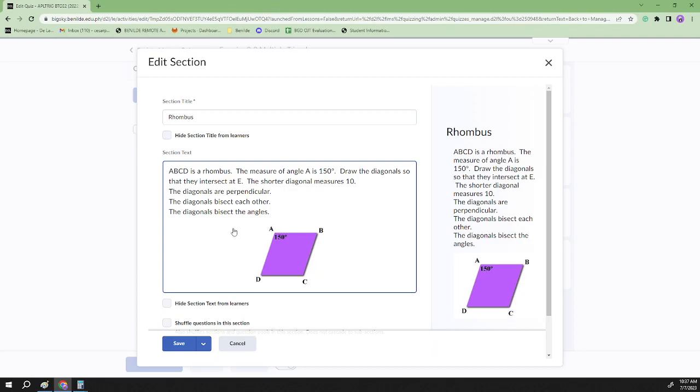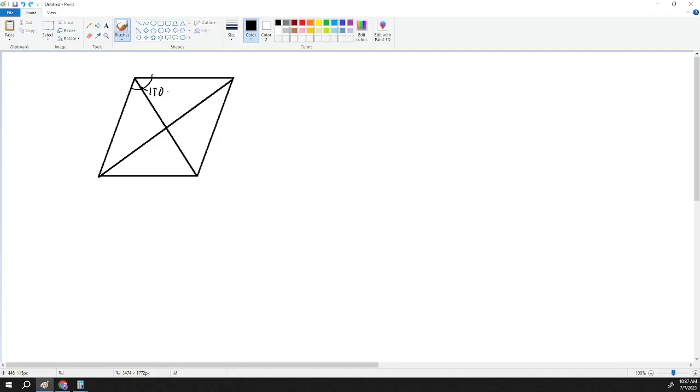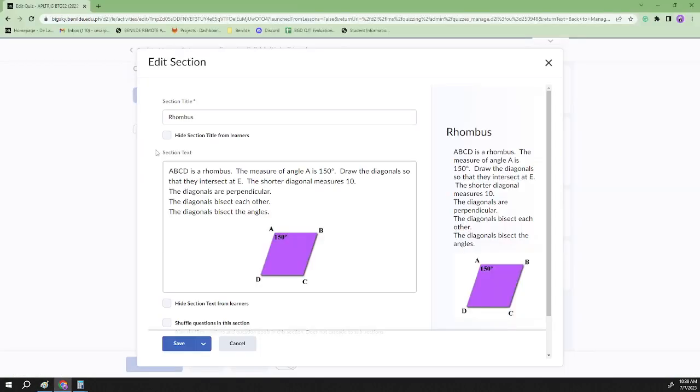Okay? The diagonals bisect each other, which means the length from here to the middle is equal to the length from the middle to this side. Same thing here, these two lengths are equal. That's what it means when you bisect: you split it into half equally.